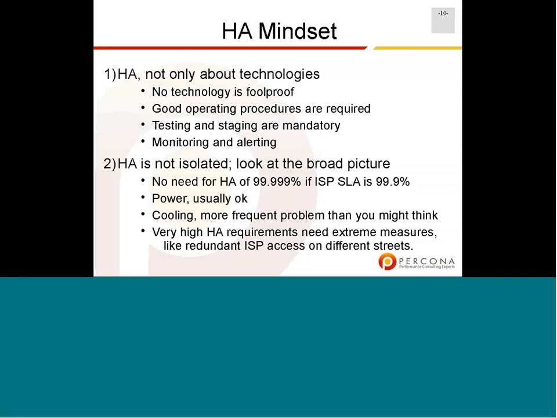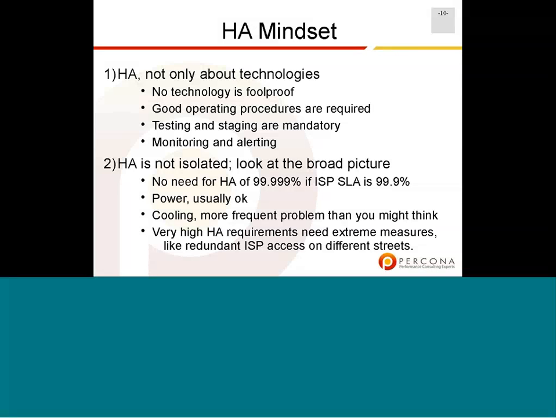Normally, in a data center, the power is usually okay. It's not the most common failure. You have UPSs, you have generators, so it's normally not the first thing that will fail.